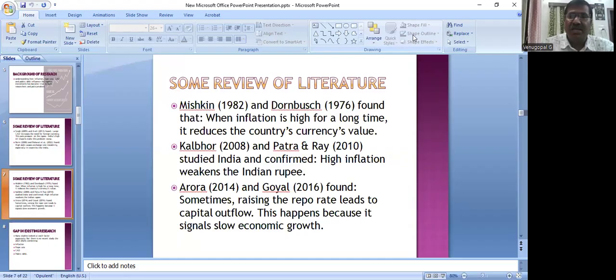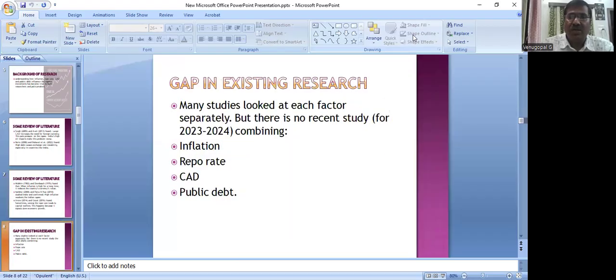And Mishkin and Dunbar found that when inflation is high for a period of time, it reduces the currency value. Kalbhor and Patra studied India and confirmed high inflation weakens the Indian rupee. Arora and Goel found sometimes rising repo rate leads to capital outflow and gives slow economic growth.